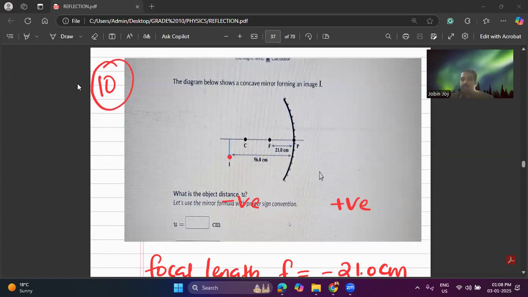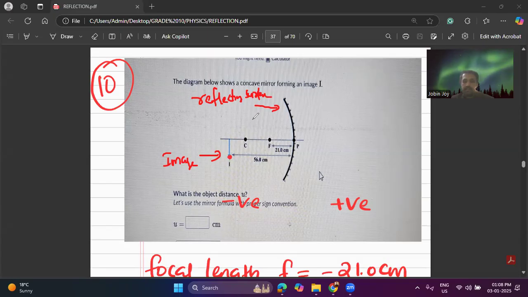Then we will be discussing the mirror formula problems. What is the object distance u? So here the question will be like this. This is the image, and this is the reflecting surface.